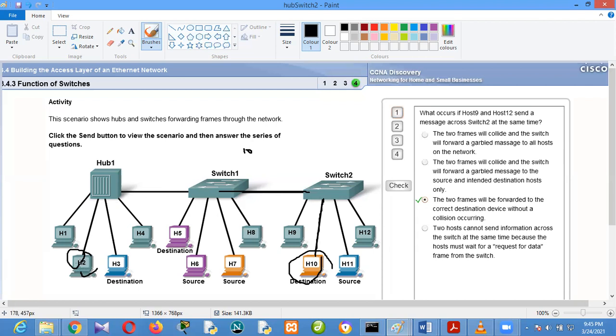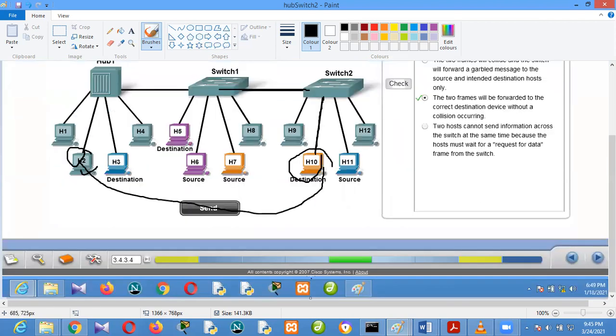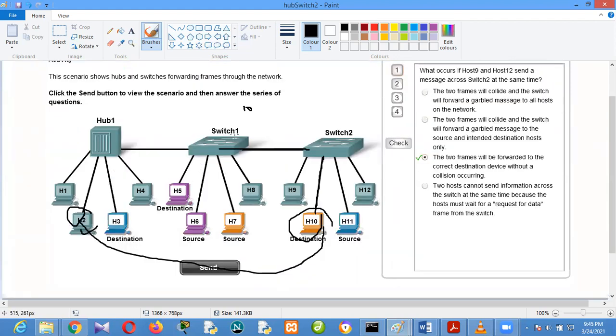So when 2 is asking about 10, switch 1 will register information about 2 and 10. When the message is coming from 2, it will register it. When there's a response, it registers that of 10. So that's the way it fills its ARP table.